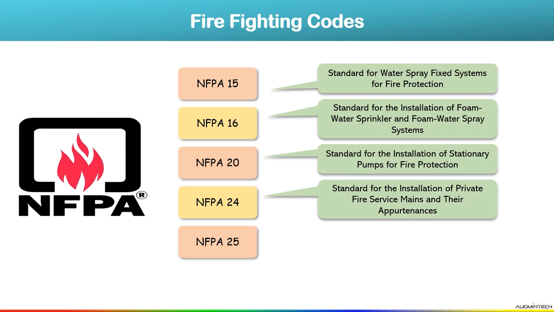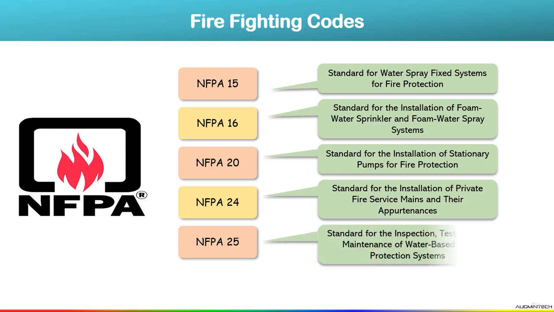It is the standard for the inspection, testing and maintenance of water-based fire protection systems. This NFPA 25 is the baseline for inspection, testing and maintenance of water-based fire protection systems.